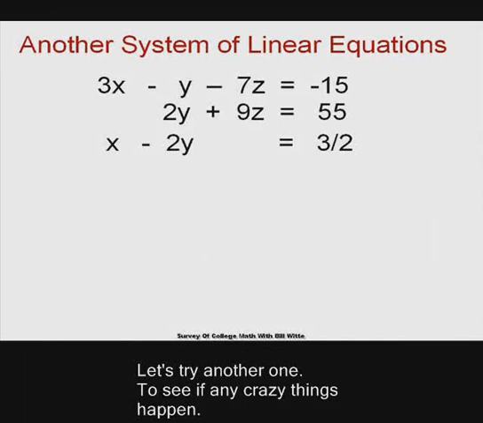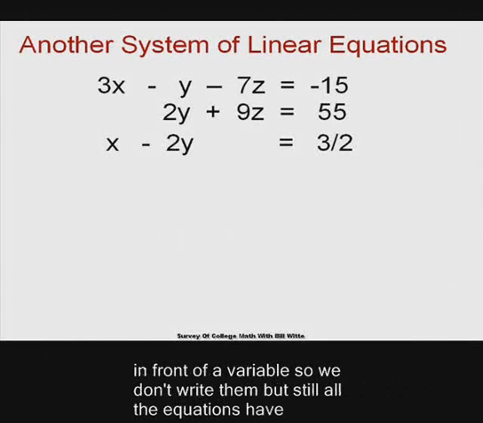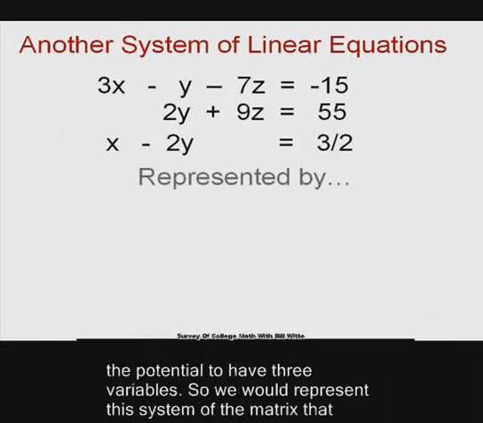Let's try another one and see if any crazy things happen. Now this is a 3-variable system. It's got an x, y, and a z. Sometimes there's a 0 in front of the x or the y, so we don't have them, but still, all the equations have the potential to have 3 variables.